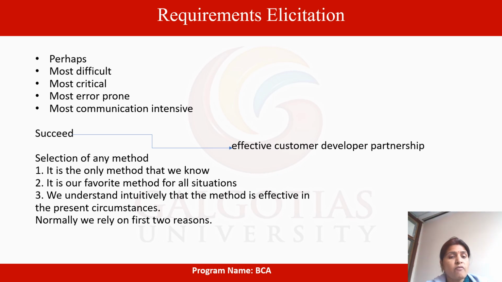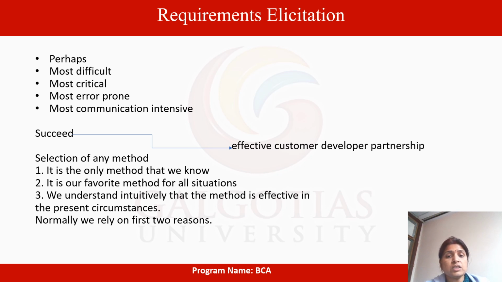For the selection of a method, we have four methods which we will be discussing in our coming lectures. First is the interview, then a brainstorming session, then the quality function deployment model, another technique of requirement elicitation, and the fourth one is the use case approach.